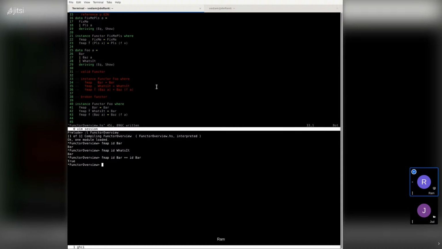This actually is true, but if we do fmap of id on what's it equaling the id of bar, this should return false, but this is actually going to return true. This is a violation.